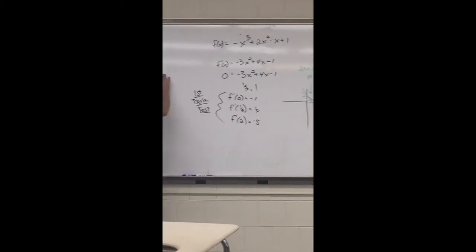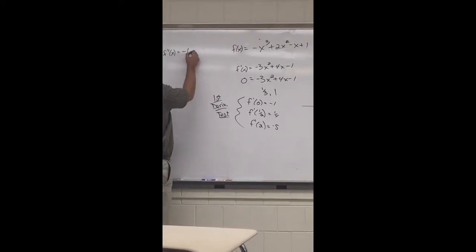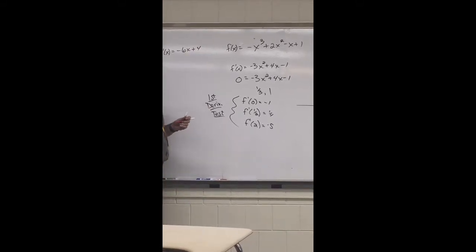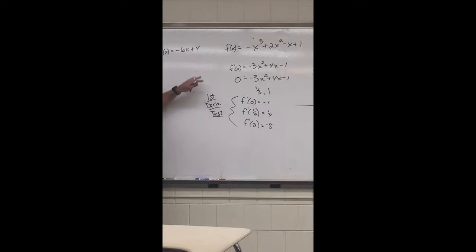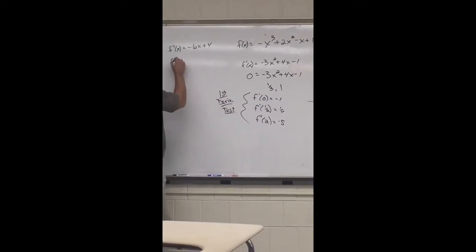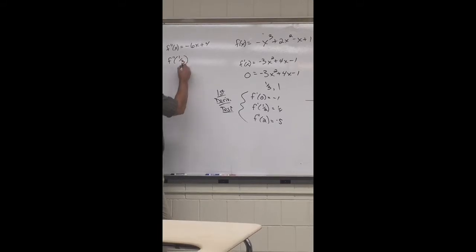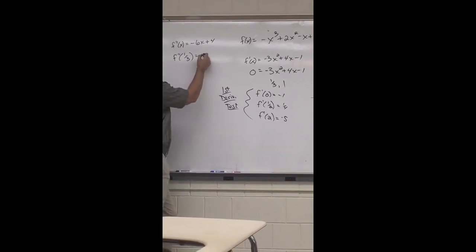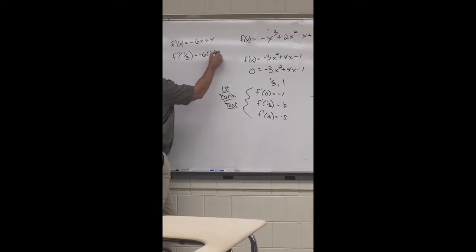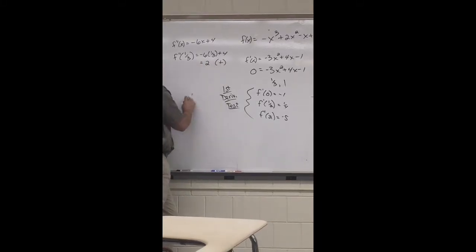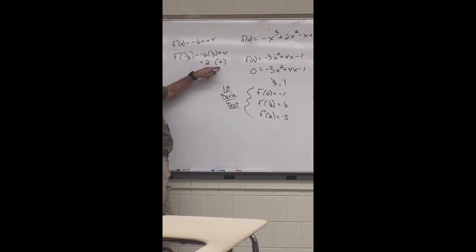Alright, so our second derivative is negative 6x plus 4, right? Let's find whether that is a min or a max. So we're going to do f double prime of 1/3. This is called the second derivative test. And we get negative 6 times 1/3 plus 4. We get negative 2 plus 4. We get 2. And all I really care about is whether it's positive or negative. And at 1/3, it is positive.